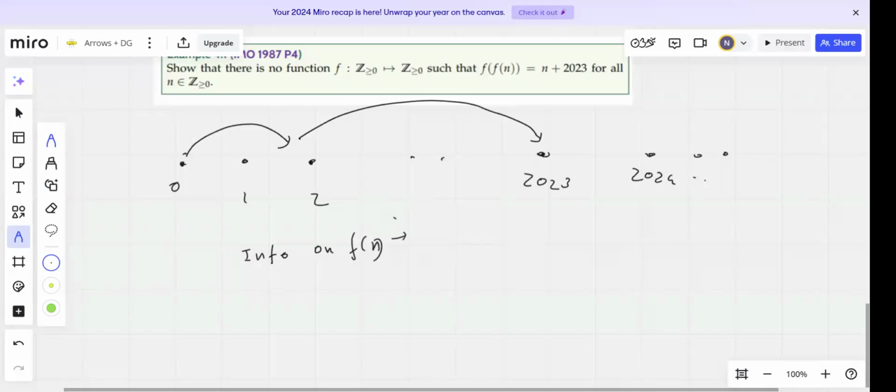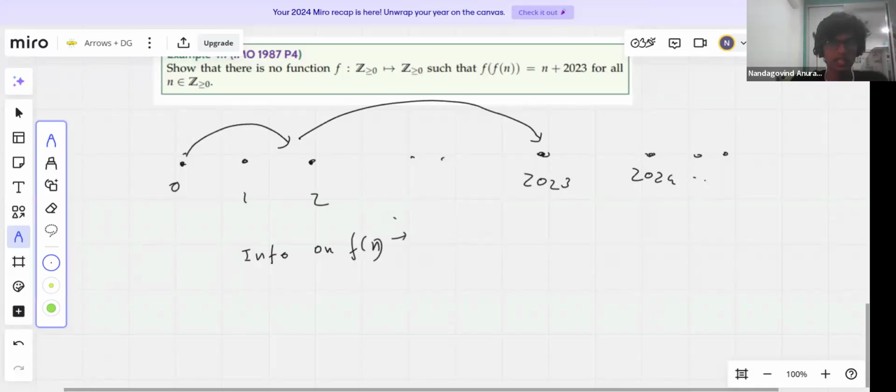Right. So can someone try to force f of n to exist somewhere, like just f of n, not f of f of n? We just want to get some information on f of n.